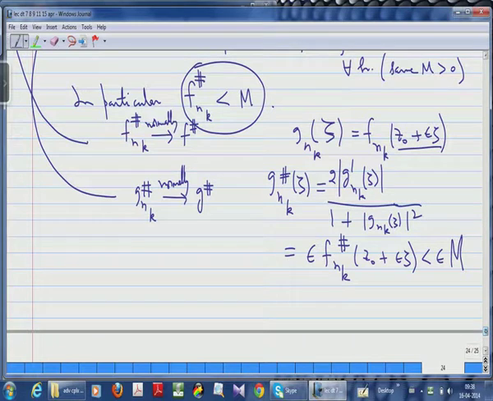Then the bound for the zoomed function becomes much smaller. This is true for every nk, but g_nk# converges normally to g#, and each of the g_nk# is bounded by εM. Therefore g# will also be bounded by εM.